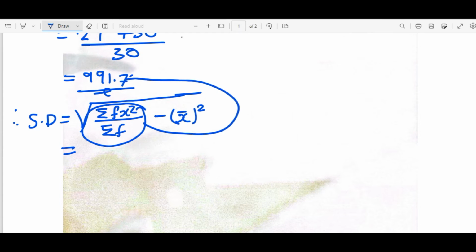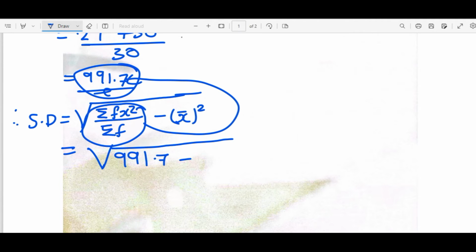So at this point, we can just find our final answer. So standard deviation is equal to the square root of summation of f of x squared over summation of f minus mean squared. So we found this number, so I'm just going to substitute. 991.7 minus what's our mean?